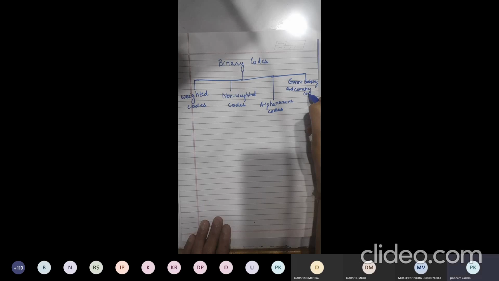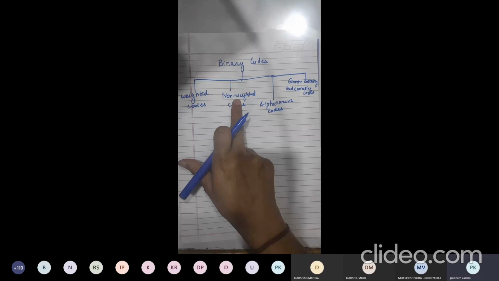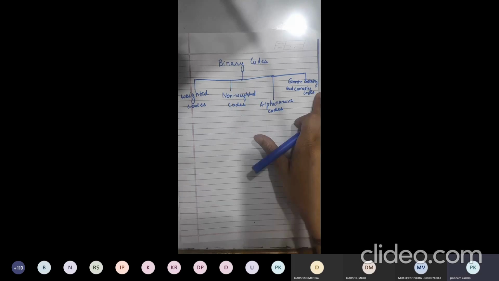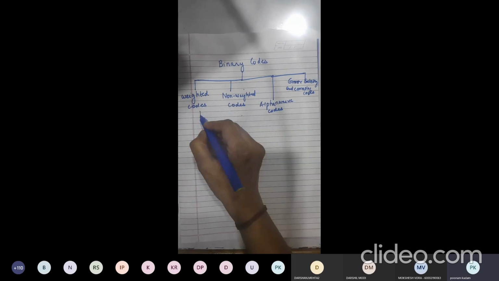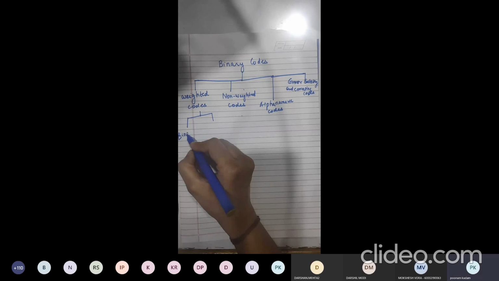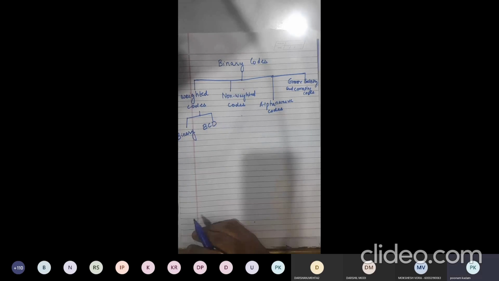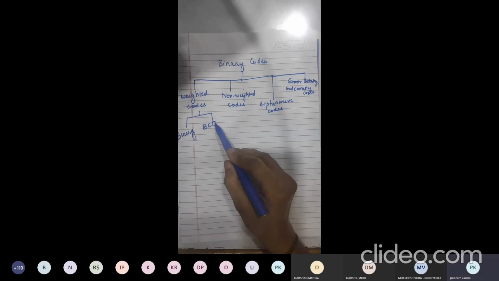So binary codes can be broadly classified into these 4 types. Weighted codes can again be classified into generally binary code and BCD code. BCD stands for binary coded decimal.